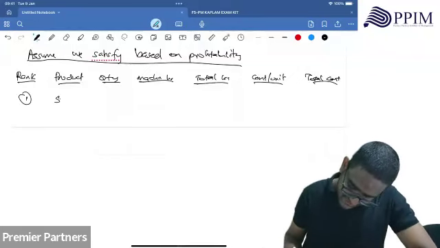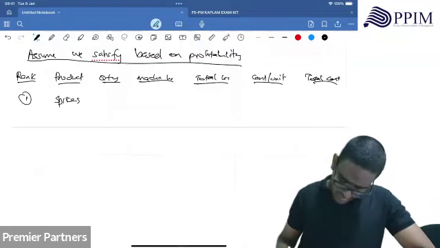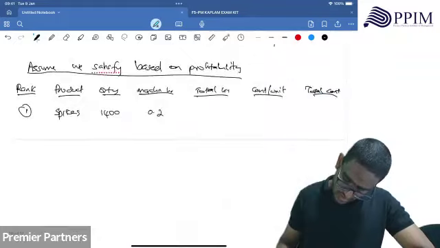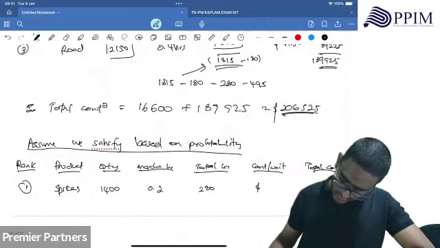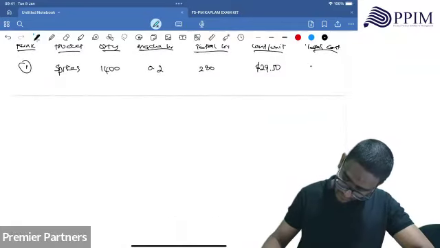Rank number one was spikes. What is the total quantity? 1400 spikes. Machine hours was 0.2. Correct? Yeah. So you get 280. Contribution per unit was 29.5. And then your total contribution was 41,300. Correct?